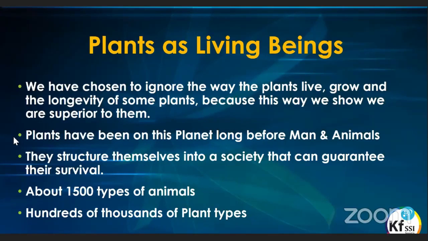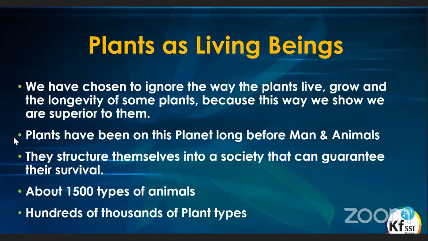A lettuce plant will have an 8 to 12 week cycle, whereas you'll get some trees that are 1,000 years old, some trees that are 100 years old. So they're living in a different time scale to us, and they move in a different time scale to us. To us, the plants and nature around us don't move much, but they're all moving, but it's in a different time scale that we just don't see.